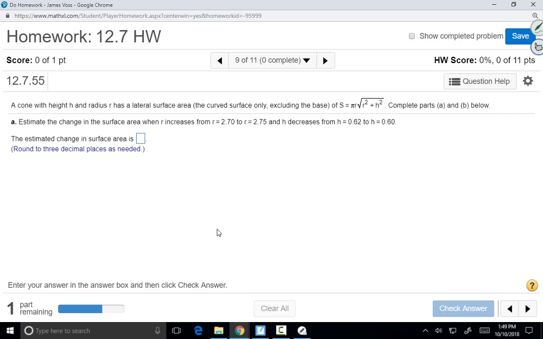You have your S defined as a function of R and H. So you would have to find S sub R, S sub H, and set up the same formula we just set up, and then start plugging in your differences. So when you look here, the little r is going from 2.7 to 2.75, so d little r is 0.05. Here you're going from 0.62 to 0.60, so negative 0.02 for dh. So that one will be done in the same way.